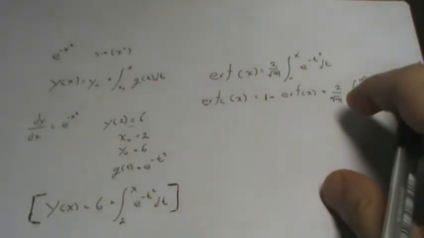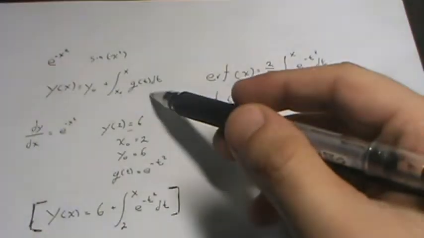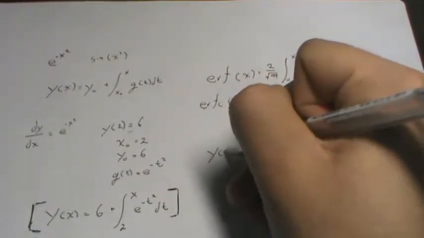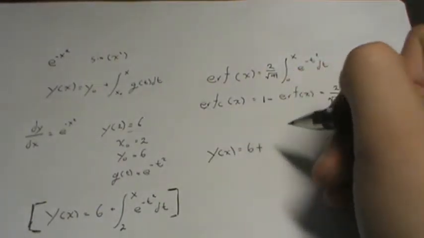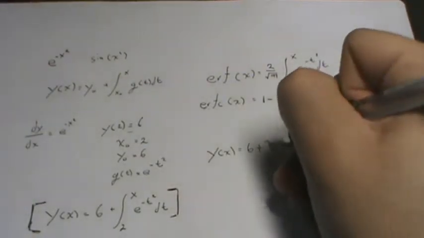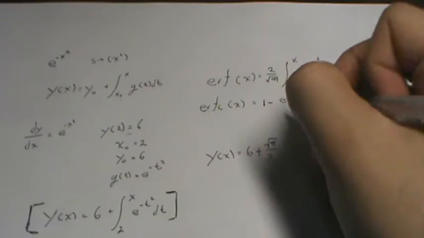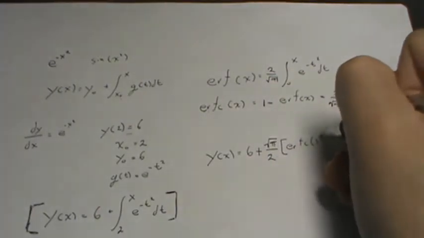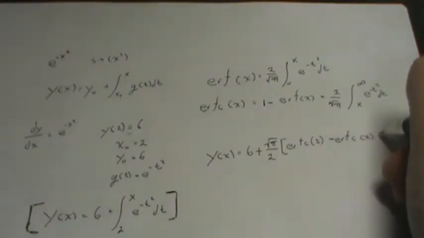Okay, so you start to look at it. Now if we plug this in here, because we have x0 and x, y of x is equal to 6 plus square root of pi over 2, in order to get rid of this term, and then we have the ERFC of 2 minus the ERFC of x.